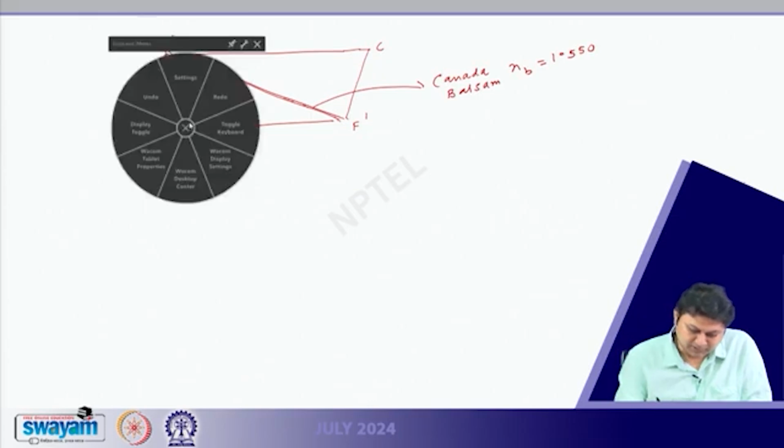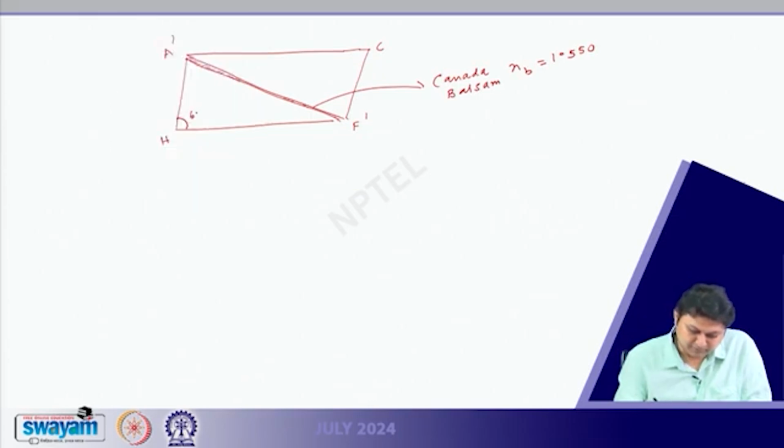Well, this is 68 degree, and along this direction we have the optic axis. So, I have the ordinary and extraordinary ray, and the refractive index of the ordinary and extraordinary ray should be different.